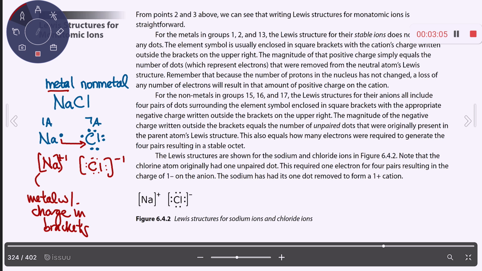Okay, and that's because all the metals will give away their valence electrons to the nonmetals. But the nonmetals will be with 8 dots in a bracket, and the charge will be in the upper right-hand corner. Okay?